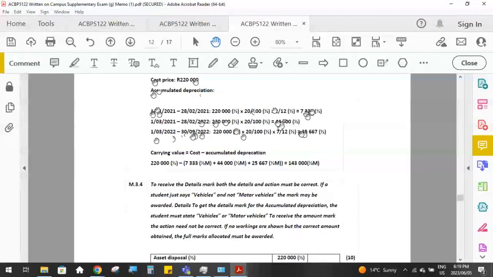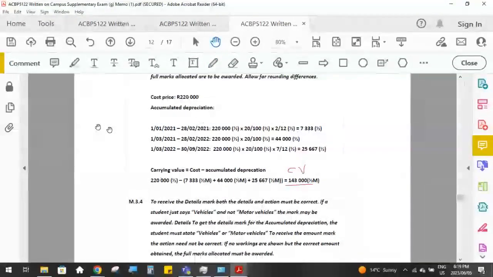So if you added those all together, or in this case, they've taken the original cost price of the vehicle and subtracted those 3 years worth of depreciation, and that gives us the carrying value. And take note how in the answer, in accounting, we describe what we are doing.